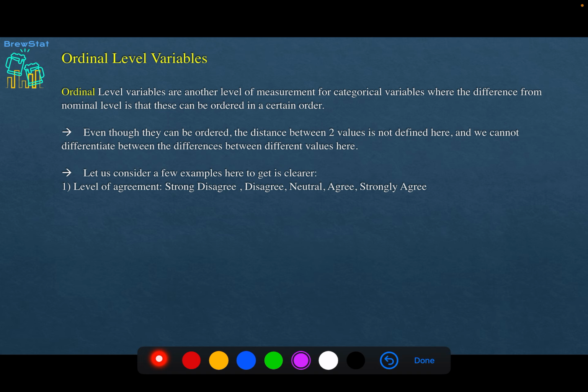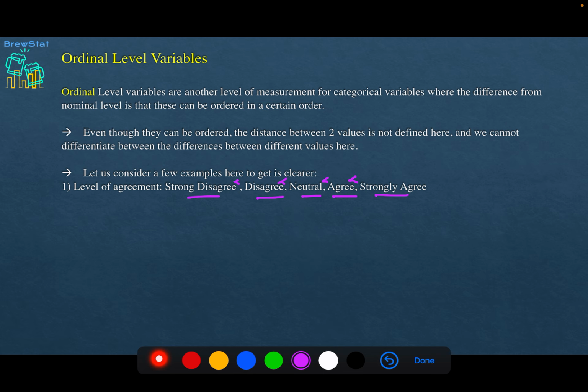For example, let us say we are looking at a variable levels of agreement, and it could be strongly disagree, disagree, neutral, agree, or strongly agree. Now we clearly know that we can arrange them in a way that strongly disagree is less than disagree, then neutral, then agree, and then strongly agree.